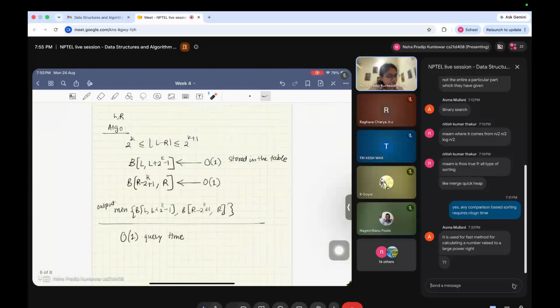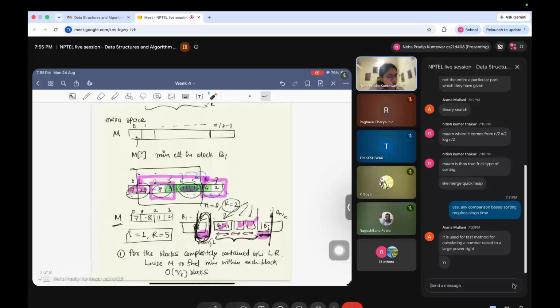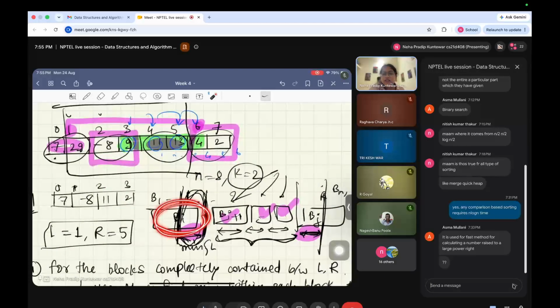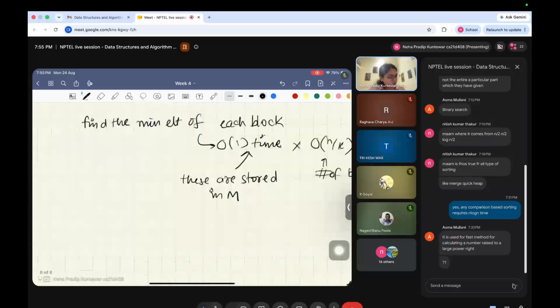It takes order n time, but what is n for you? You're looking inside this array, which is of size k, correct? So this is an array of size k, and you are running your linear time algorithm, which is just scan from L till the end of this block and find the minimum. Size of this block is only k, so you are spending order k time here.